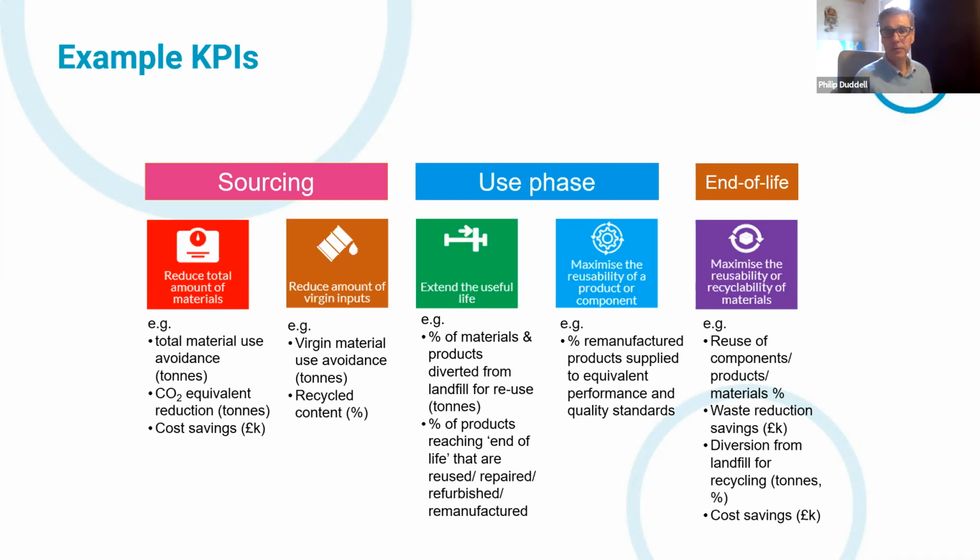And then at the end of life, KPIs, for example, about the percentage, the proportion, the value of products, components that are being reused. That may include being donated or resold. How much waste is being reused as a result, how much waste is being diverted from landfill, and again, any cost savings. So there's various KPIs that would potentially apply, again, according to the subject matter of the contract and according to what your ambitions are and what is relevant.